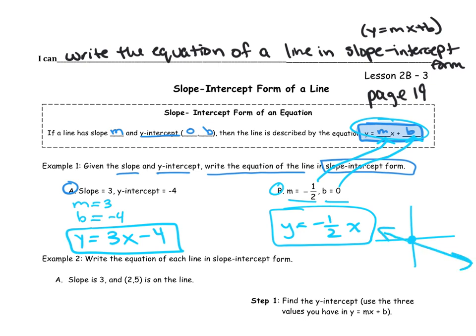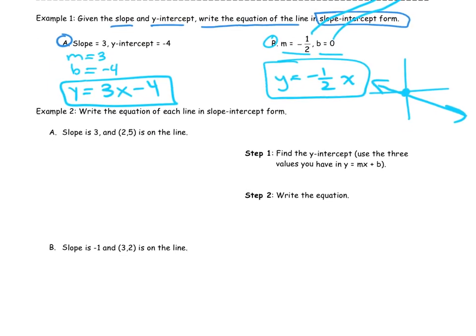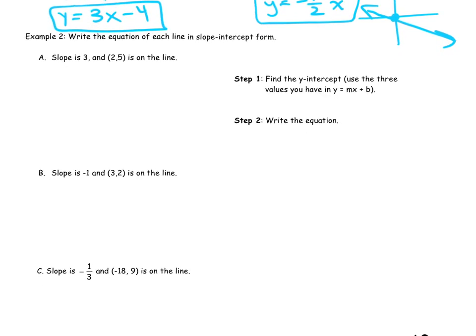Okay, let's take a look at another example. So for example 2, write the equation of the line in slope-intercept form. Okay, again, slope-intercept form, you will see me just keep writing it down, is y equals mx plus b form.